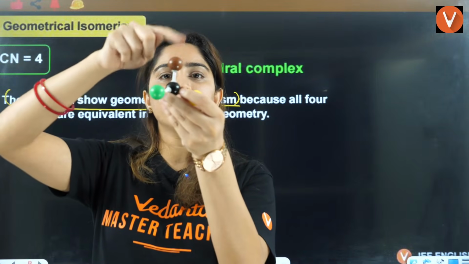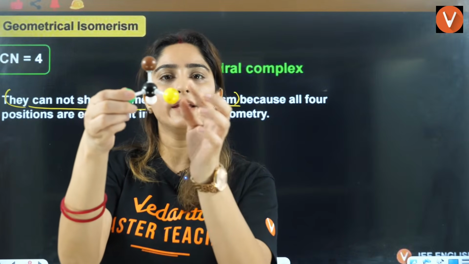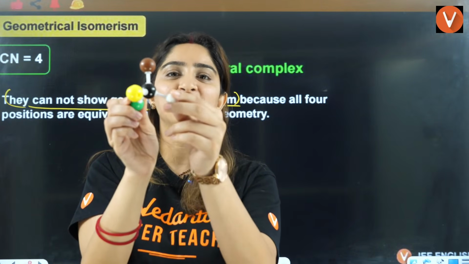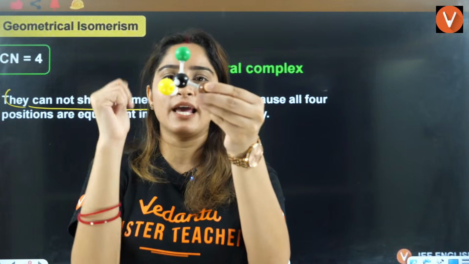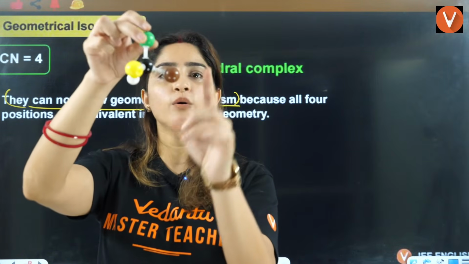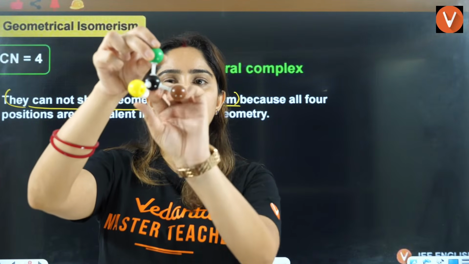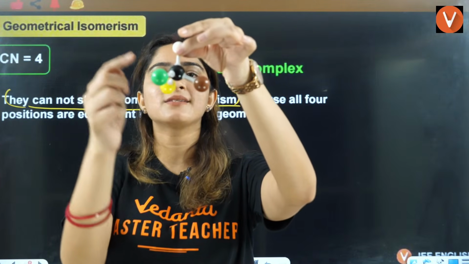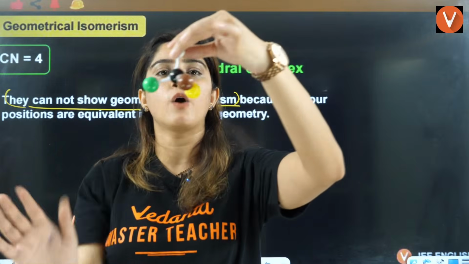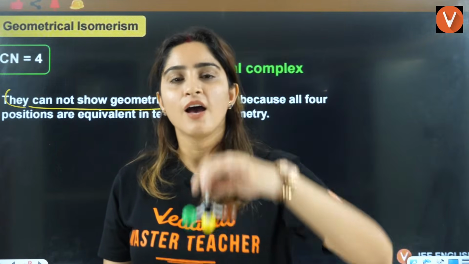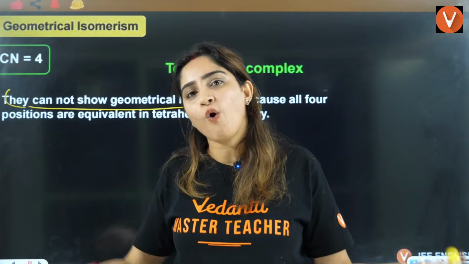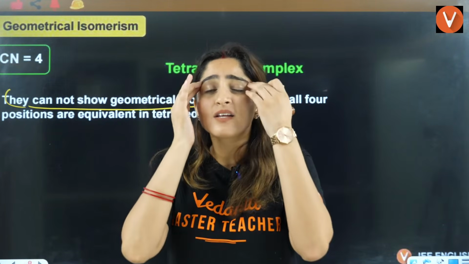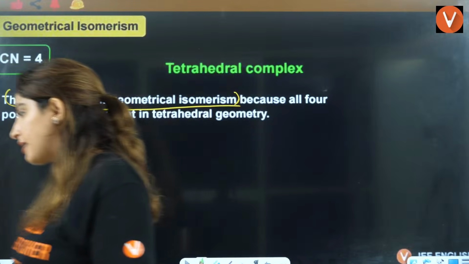This atom is next to green one also, yellow one also, and white one also. If I put it like this, green is next to this yellow also, white also, brown also. If I put it like this, white one is next to green, yellow, and brown, all of them, right? So every atom is next to all the atoms. So there is no possibility of cis and trans here.